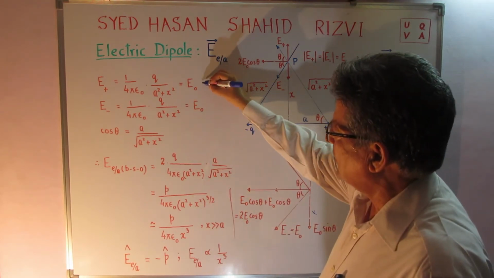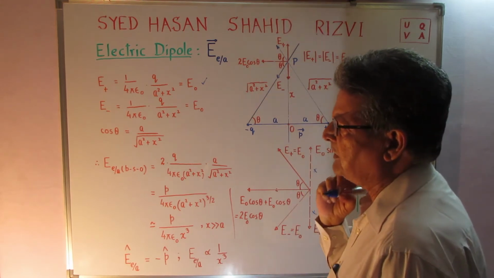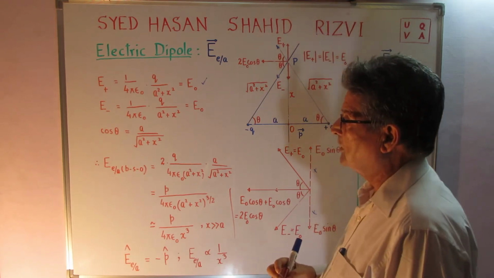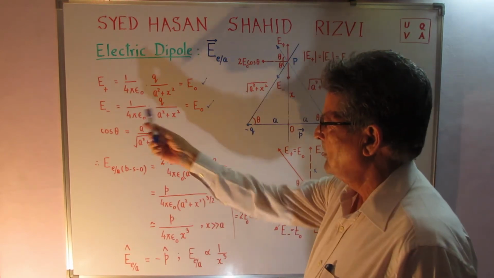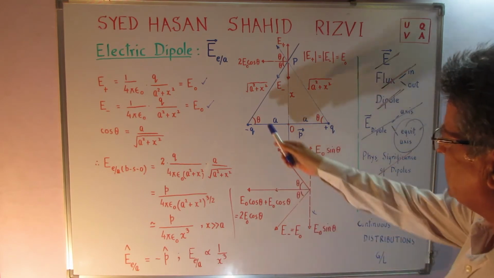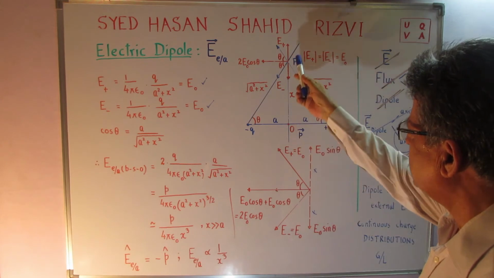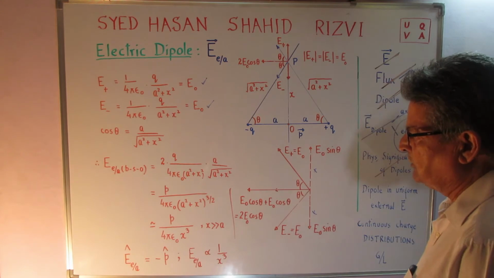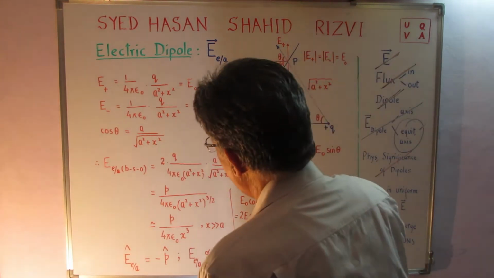This I take as E naught, and E minus similarly is also equal to E naught. For cos theta, let us take this as theta, and this is the base, this is the perpendicular, and this is the hypotenuse. Cos theta is equal to base upon hypotenuse, so it turns out to be a divided by the square root of a square plus x square.